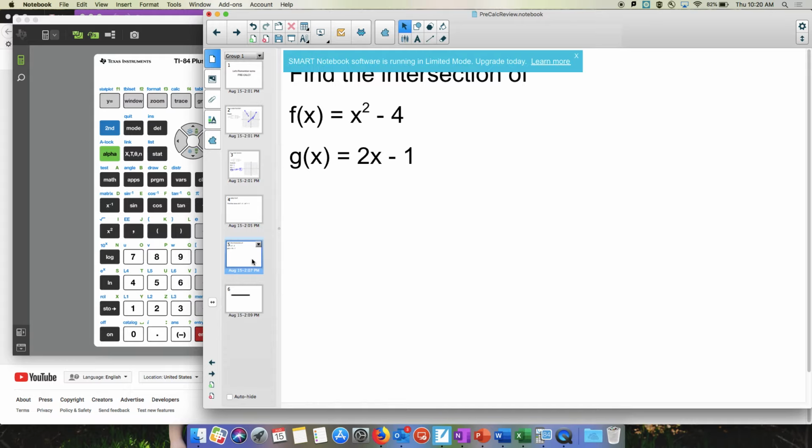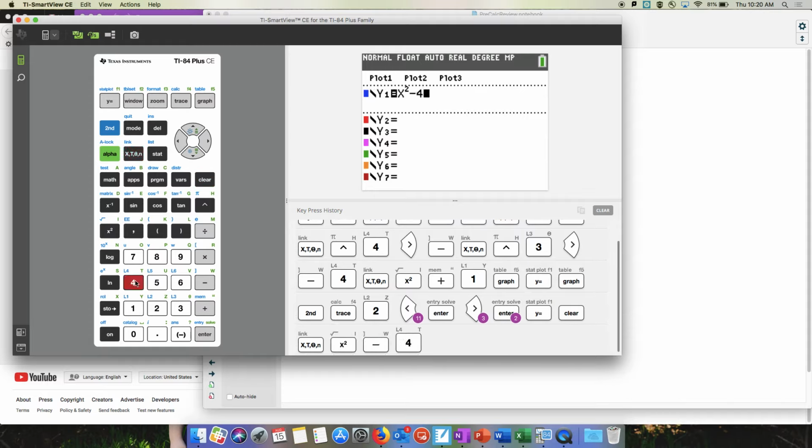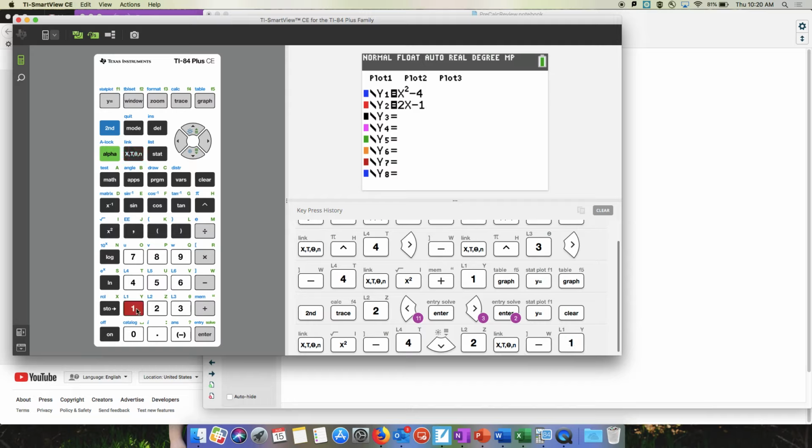So go ahead and put these two functions into your graphing calculator. X squared minus 4 and 2x minus 1. Okay.